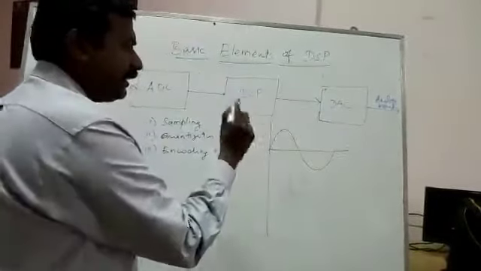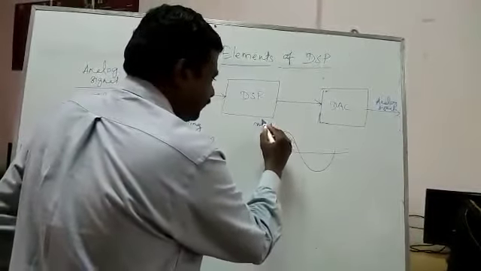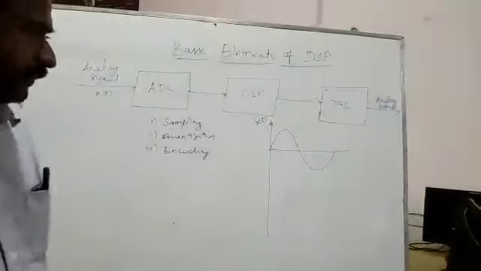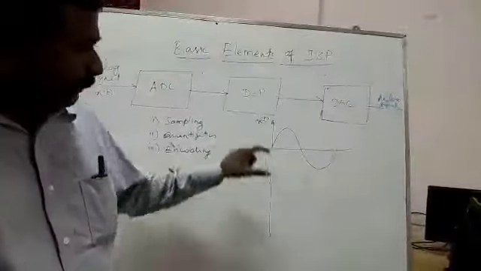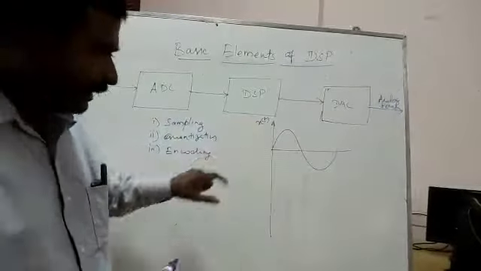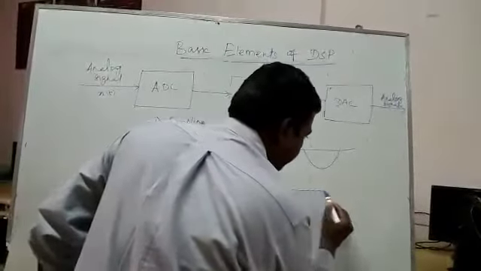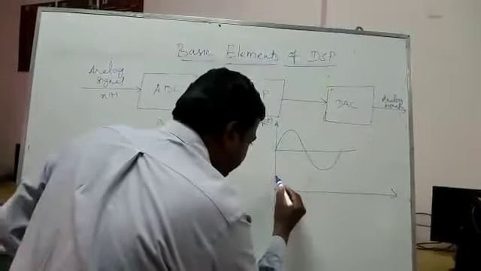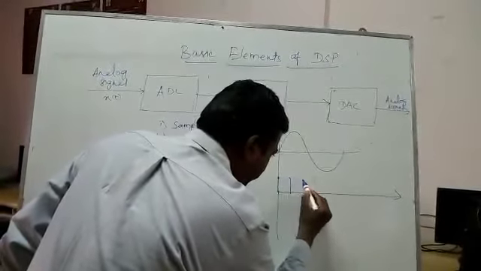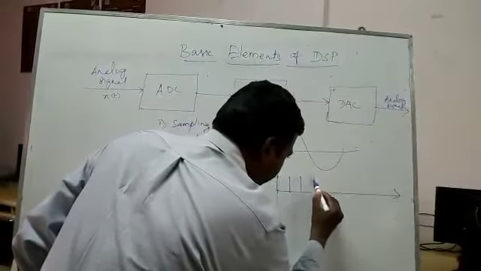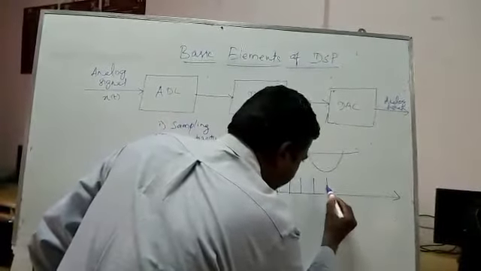Suppose you consider an analog signal, this is signal x of t. This is to be converted into a discrete time signal by multiplying this analog signal with a sampling function. This is called a sampling function, which is nothing but a series of impulses or a train of impulses.